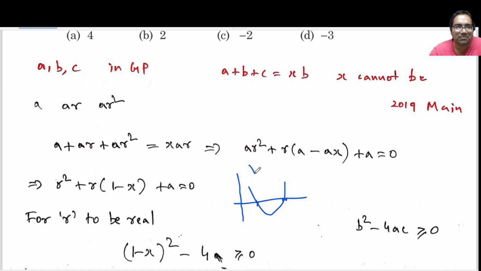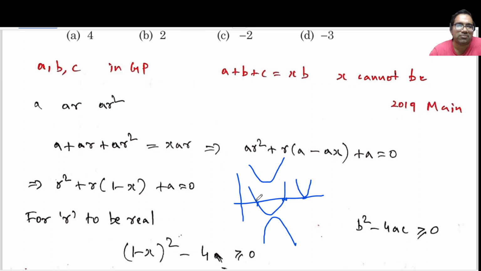Otherwise, if b squared minus 4ac is less than 0, then the graph doesn't touch the x-axis. It can go like this or like this. Whereas if b squared minus 4ac is greater than or equal to 0, then it is touching the x-axis and there are real roots. b squared minus 4ac equal to 0 means both roots are the same, touching the x-axis at a single point.